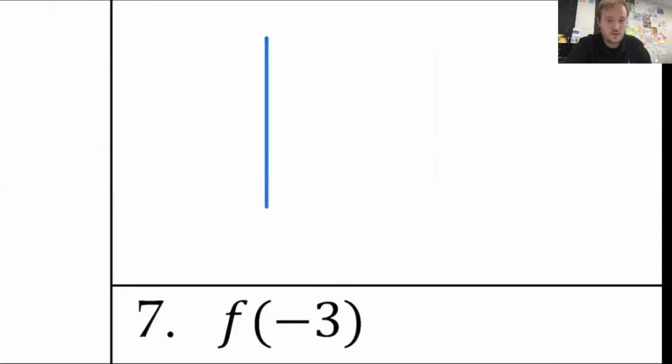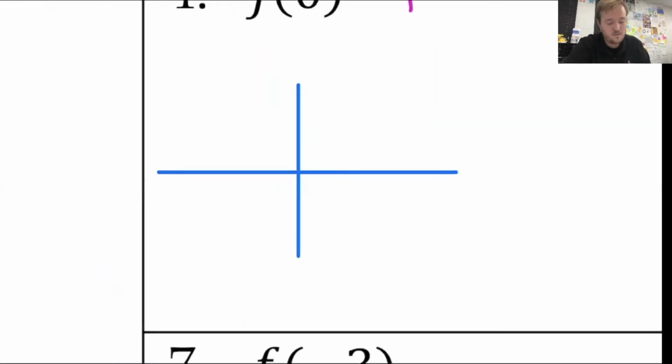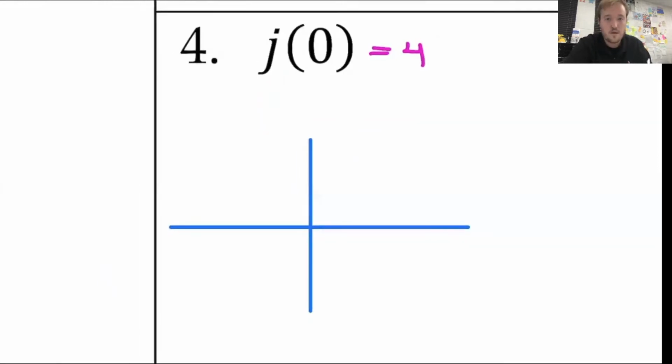Let's just say I draw a graph. This will make more sense if I draw a graph. So j of x equals 4. What this is saying is for every x value, the y value will always be 4. So it's a horizontal line on a graph. No matter where I plug in, it will always be 4.